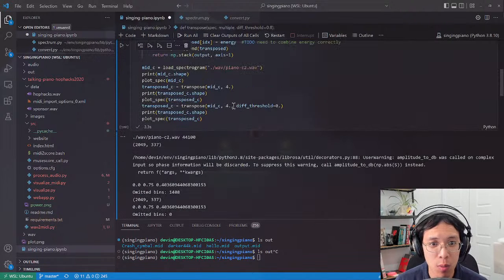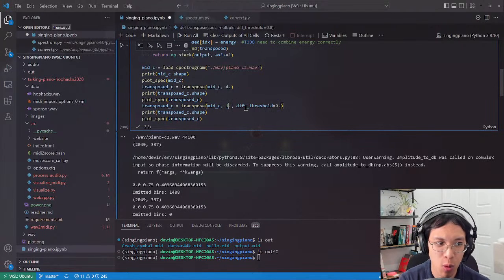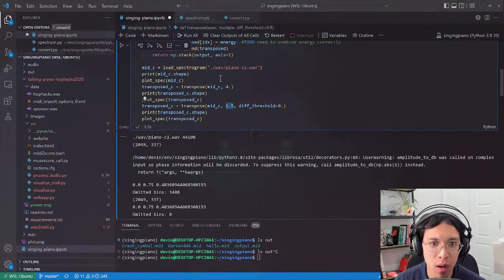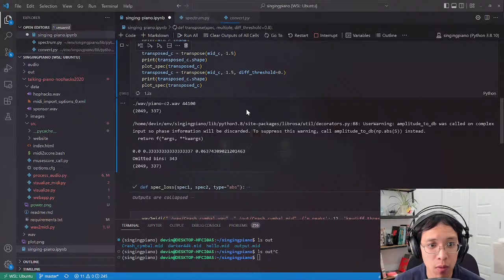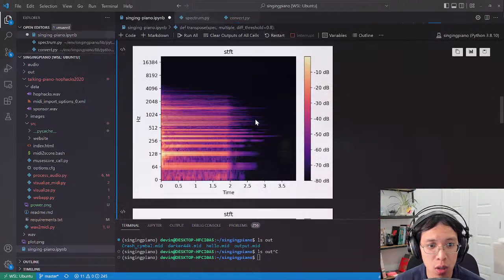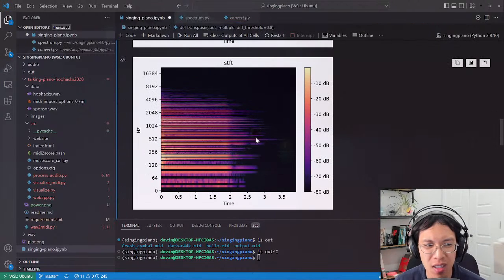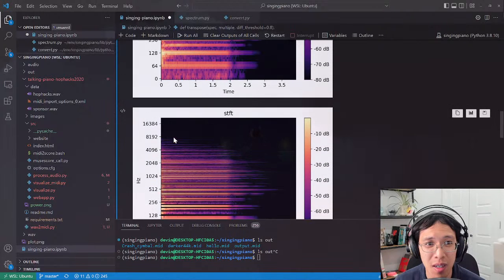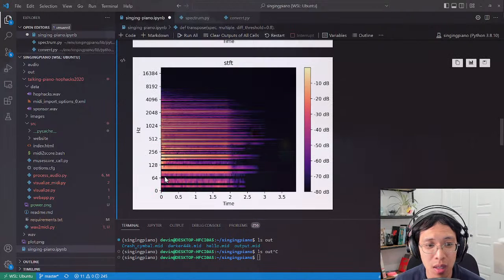Now, of course, transposing by 2 octaves is going to not be accurate at all. So I think more realistically, you'll transpose things within an octave. So 1.5, for example, would be transposing by a 5th. And if we plot that transposition, it should look quite reasonable, even with the, actually it's not super reasonable with the aliasing, but it's not bad.